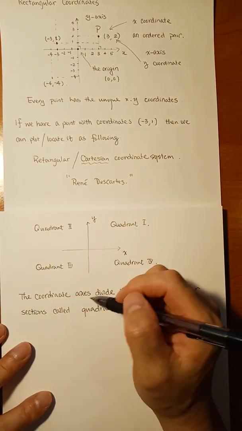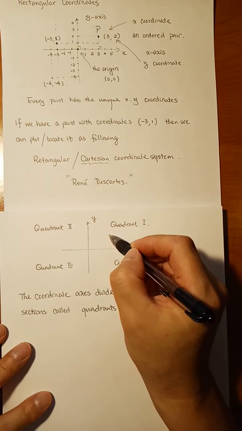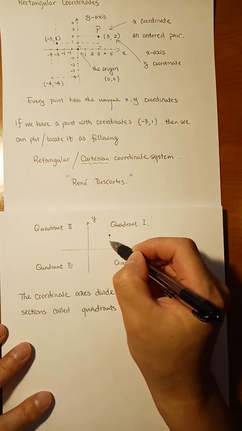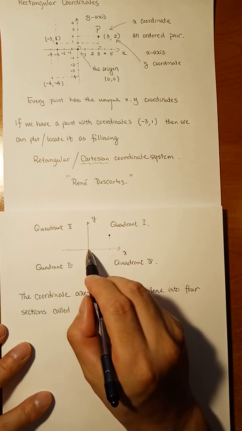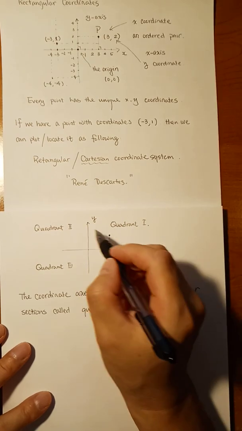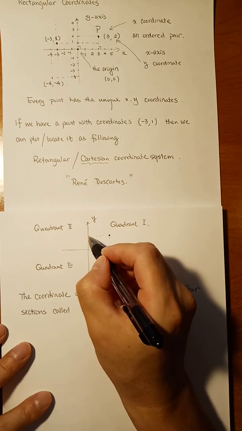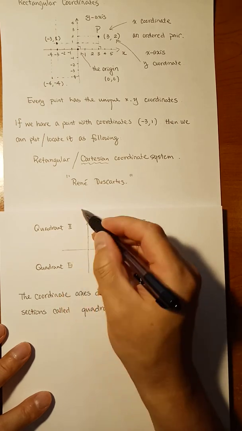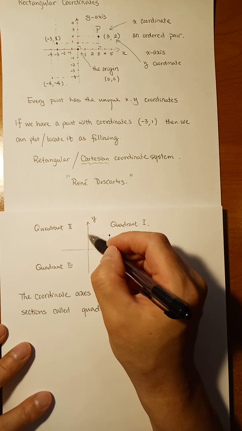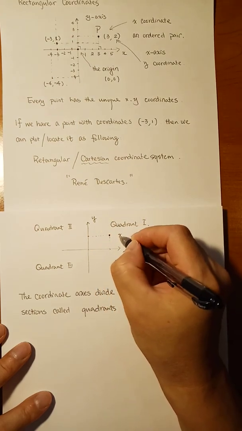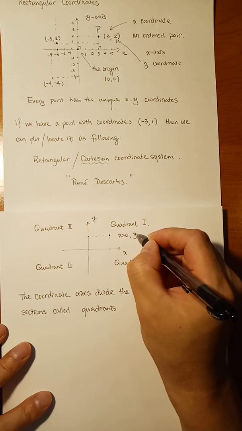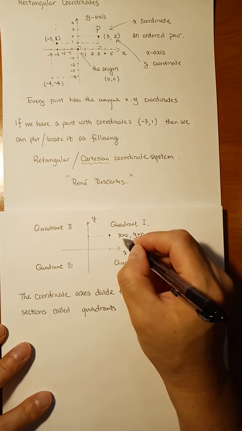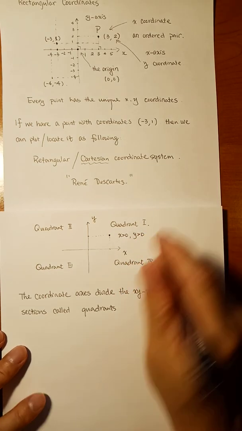In each quadrant, let's check. If you have a point here and you project it to the x-axis, it is on the right side of the origin, so x is positive. If you project it to the y-axis, it is on the upper half space, so y is positive.